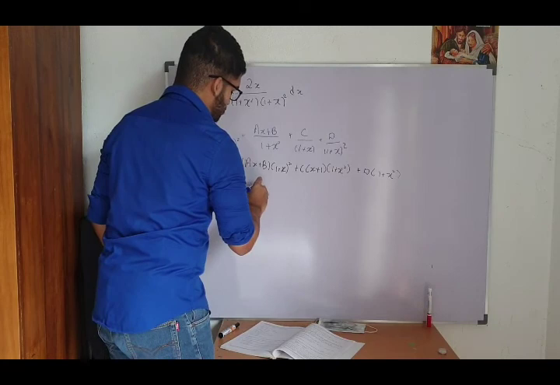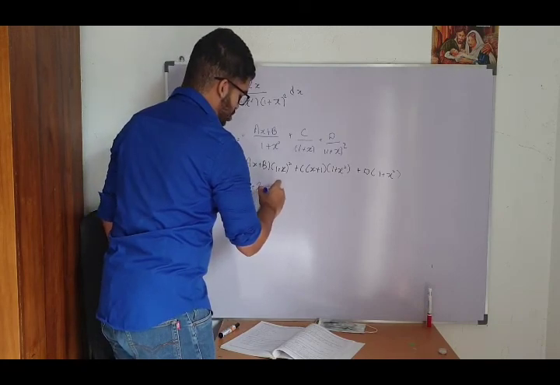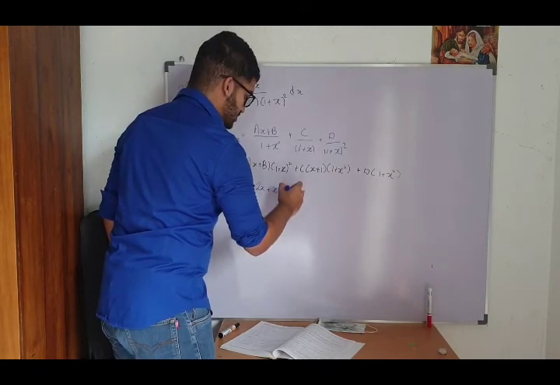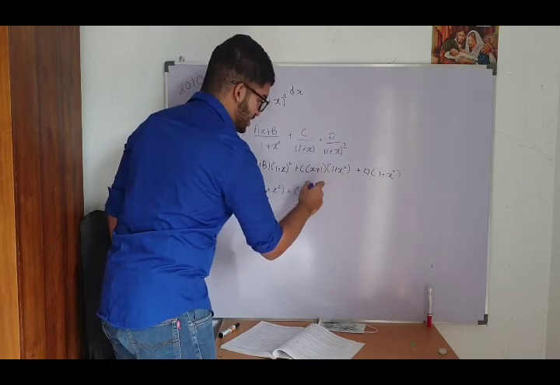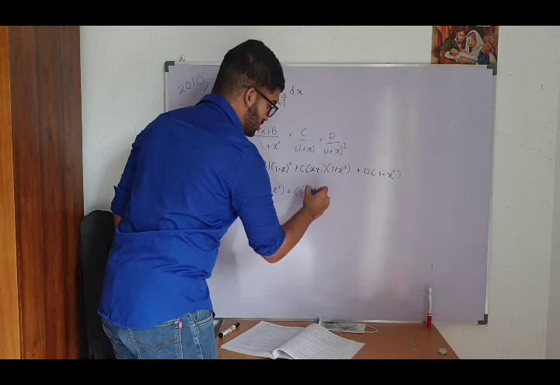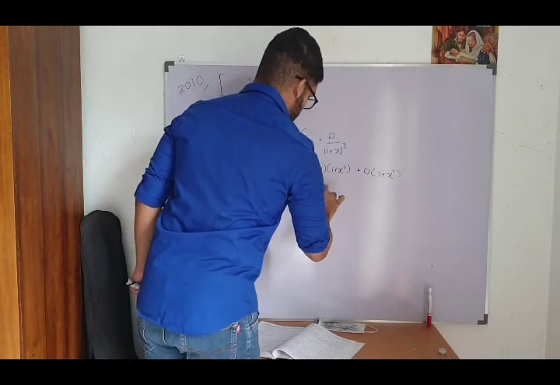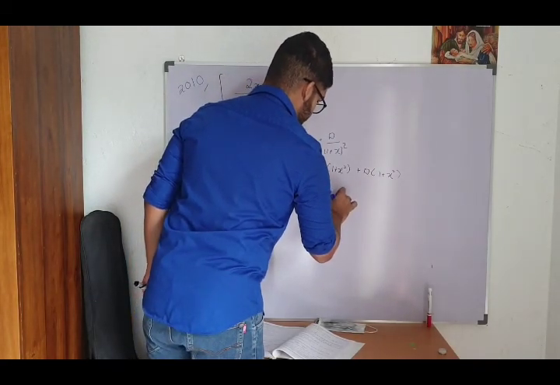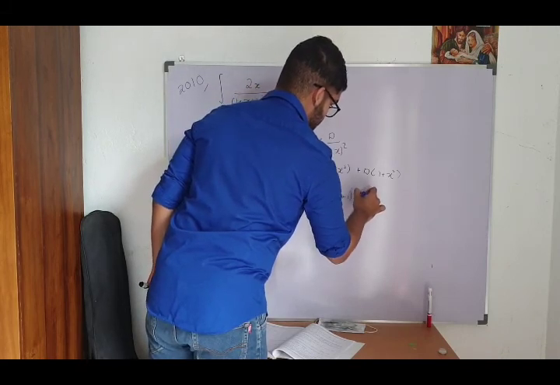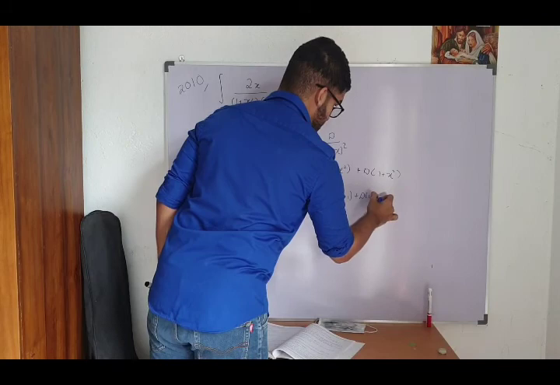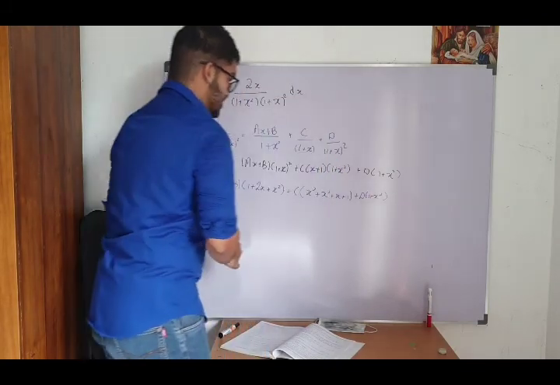So I'm going to help you understand x squared, plus c, and then you have this x cubed, plus x squared plus x plus 1, plus d times (1 plus x squared).